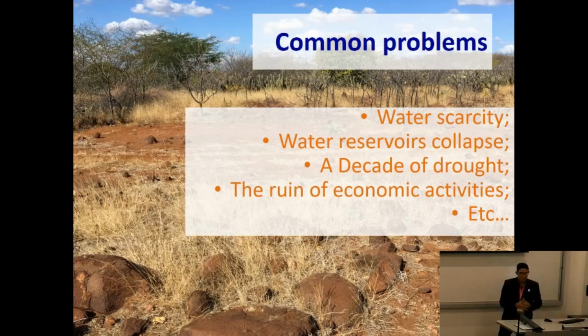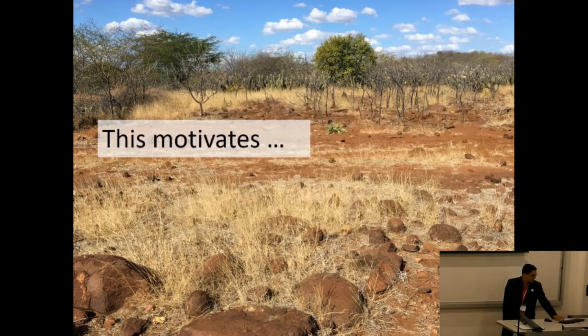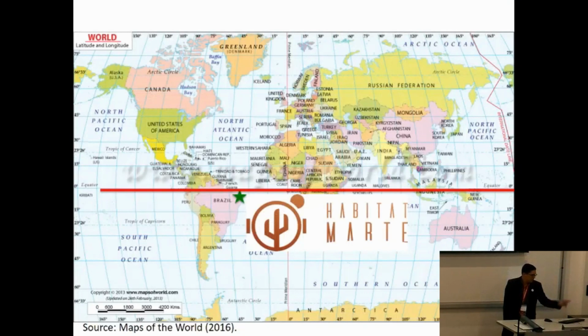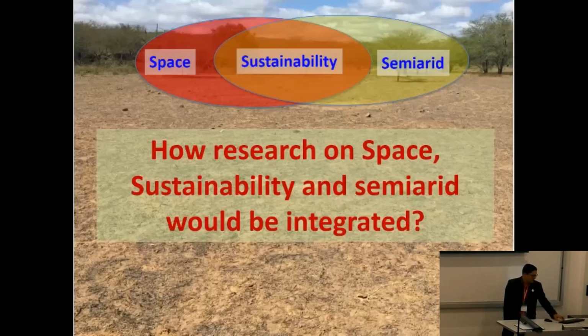And then we have some common problems in this area related to water scarcity, and sometimes water reservoirs collapse. Also a decade of drought and some difficulties in the agriculture economy. And this motivates the operation of Habitat Marte.